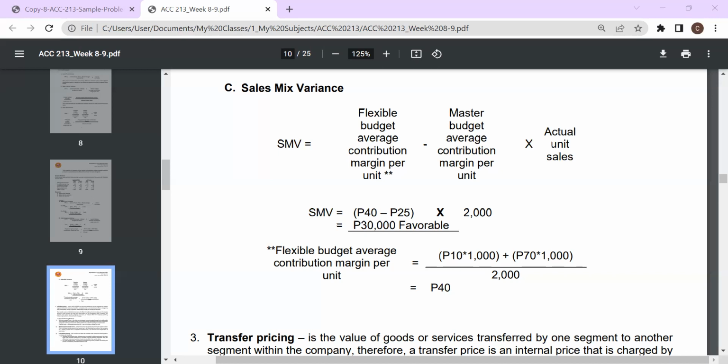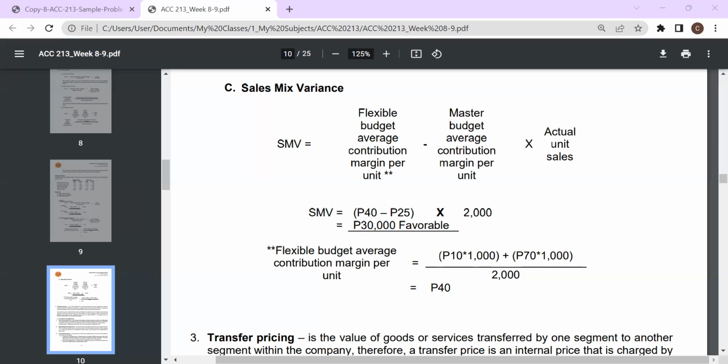So as you can see here, the actual sales in units for Zim and Zoom, that's 4,800 plus 5,300. That amounts to 10,100 units. No? So you have to compare that to your budgeted, which is 5,000 each. So meaning 10,000 siya. Okay?